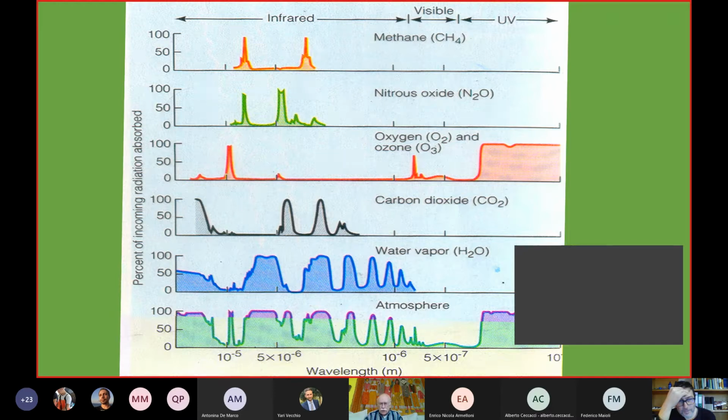Then you see the nitrous oxide, and you see the ozone that is very, very important. You see that it absorbs 100% of the ultraviolet radiation.